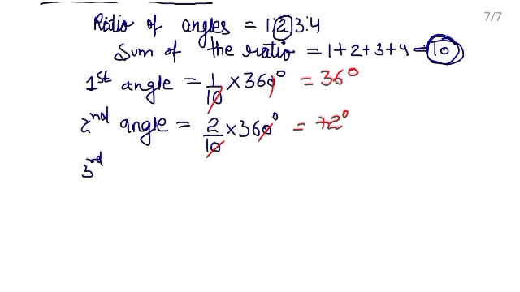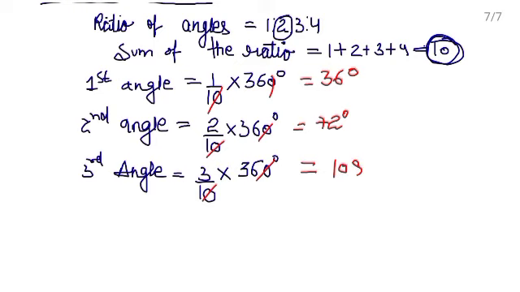The third angle will be, write the third ratio 3 upon the sum of the ratios, multiplied by the sum of the angles. 0 to 0 cancel out. 36 multiplied by 3 is 108 degrees. So this is the third angle.